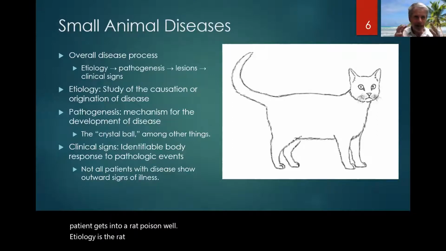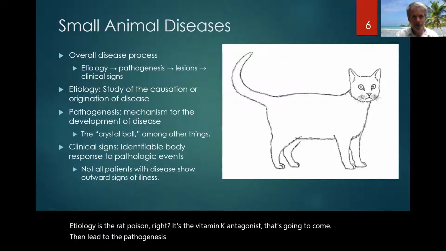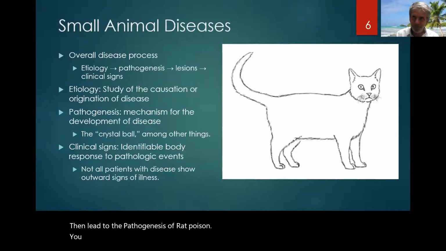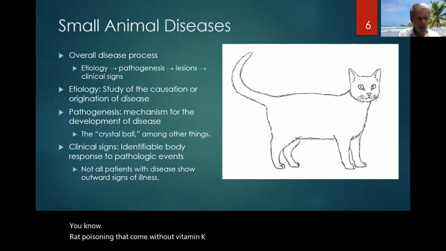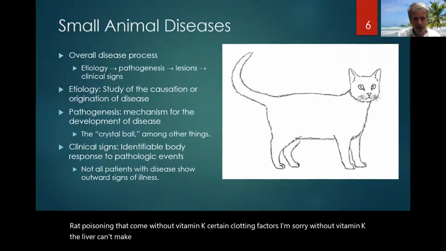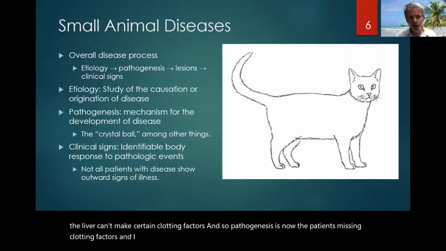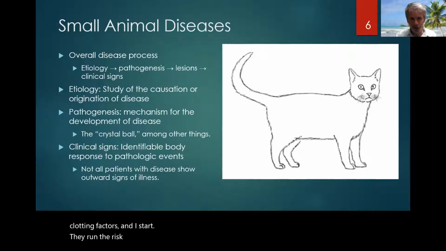It's the vitamin K antagonist that's going to then lead to the pathogenesis of rat poisoning: without vitamin K, the liver can't make certain clotting factors. And so the pathogenesis is now the patient's missing clotting factors, and they run the risk of having a bleeding disorder.